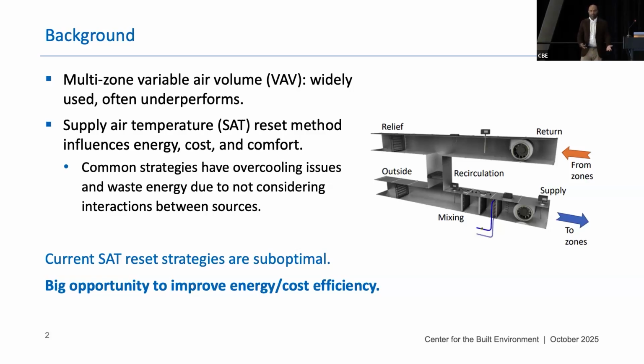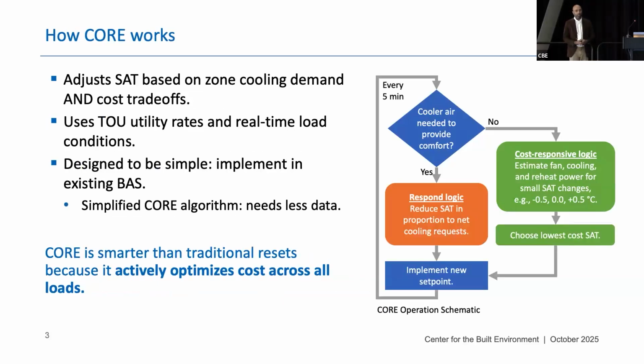There are existing reset methods like fixed outside air set point, fixed supply temperature set point, or outside air temperature based set point, which have limitations that can lead to energy wasting or comfort issues. So these existing systems are suboptimal, which means there's a big opportunity for us to improve energy and cost efficiency of these systems. So what is CORE and how does it work?